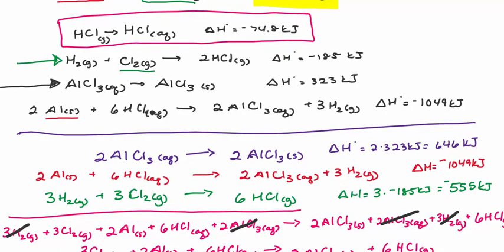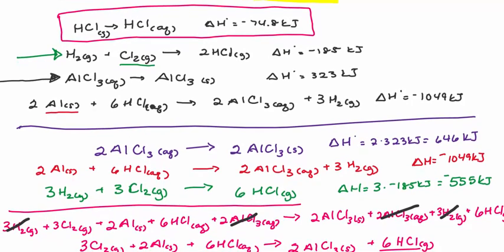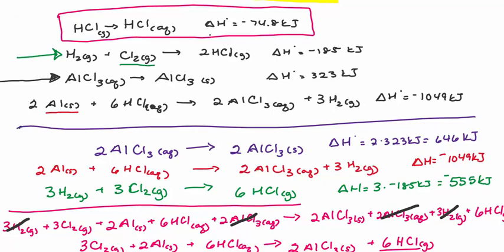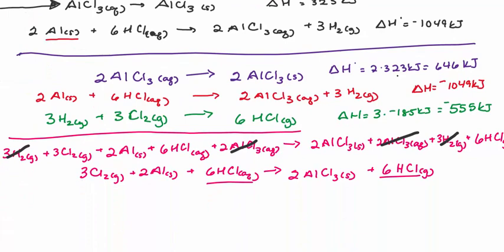So I'm going to take 6 times this entire equation and add it together. So I have 6 HCl gas and 6 HCl aqueous. And the delta H contribution is going to be 6 times the listed value, which was negative 74.8.